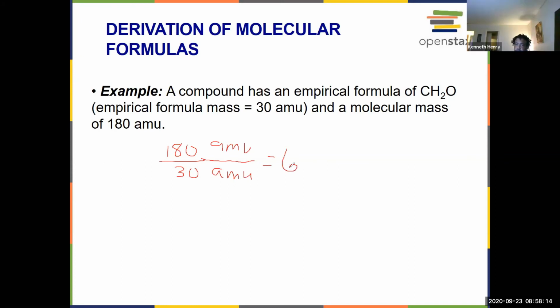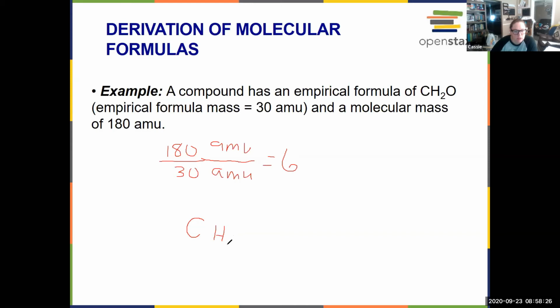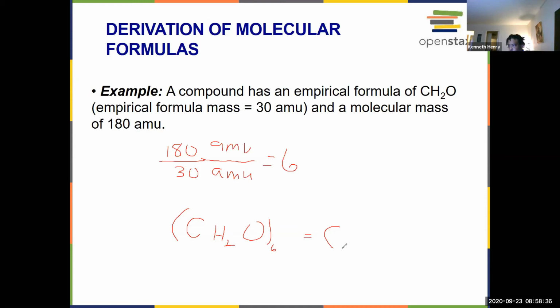Okay. And then what do I do with that? Multiply it to your CH2O. Okay, so I multiply this all by 6. So C6, H12, O6. So I get C6H12O6.